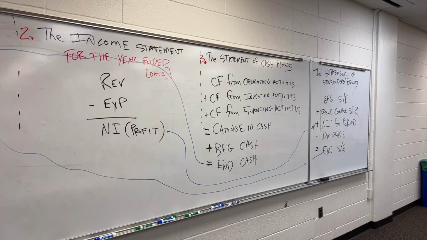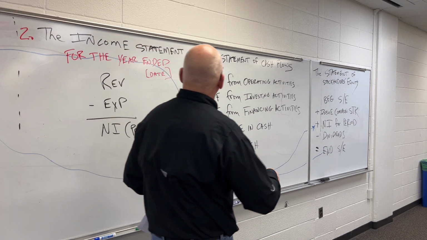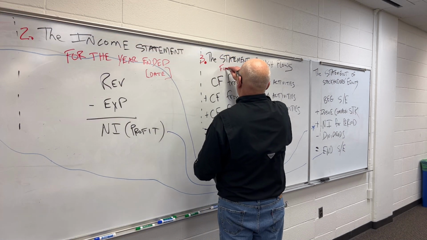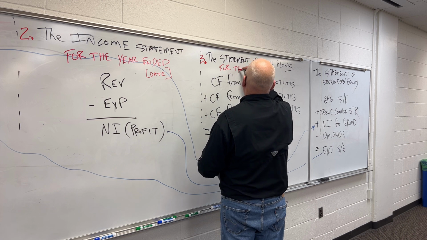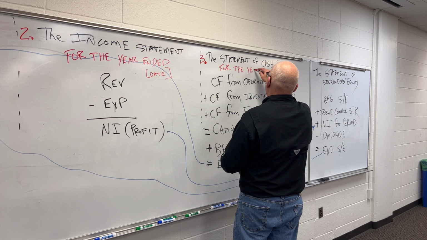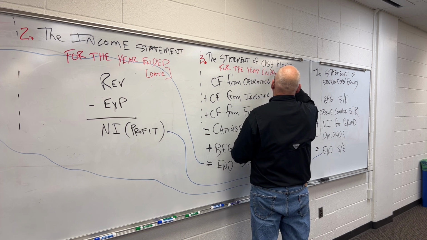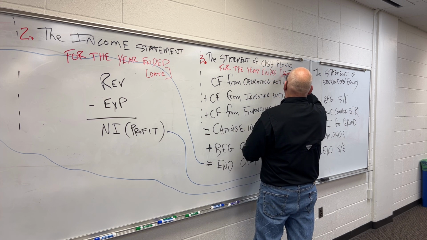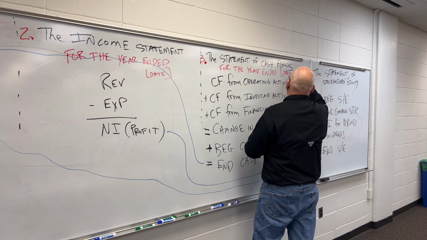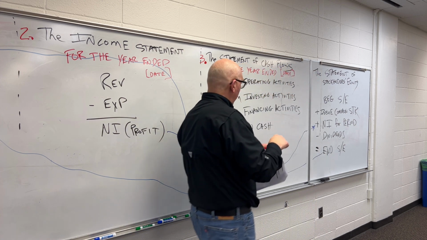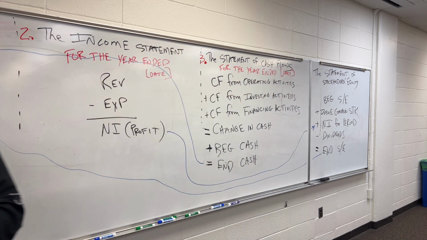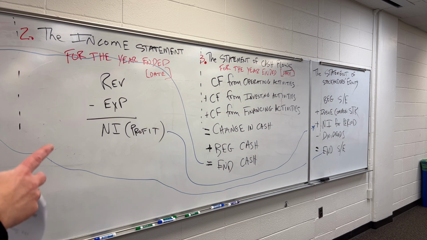This is the same as the income statement. For the year ended with a date. Okay, so again, cash flows. Think about your own bank account for this month. What came in, what went out.